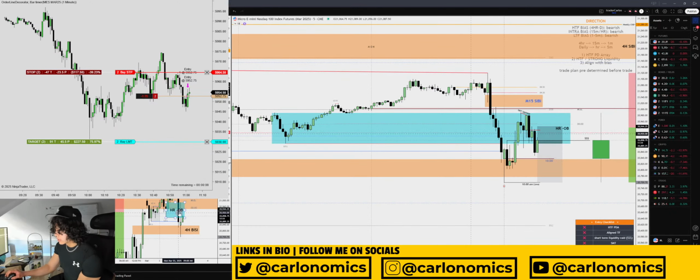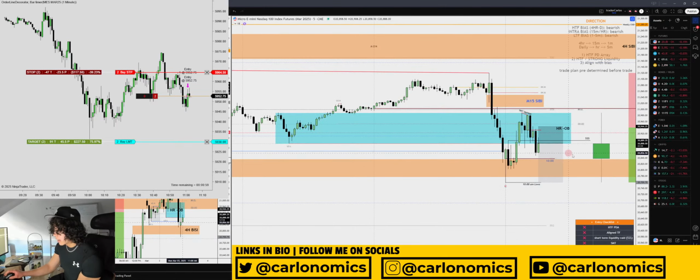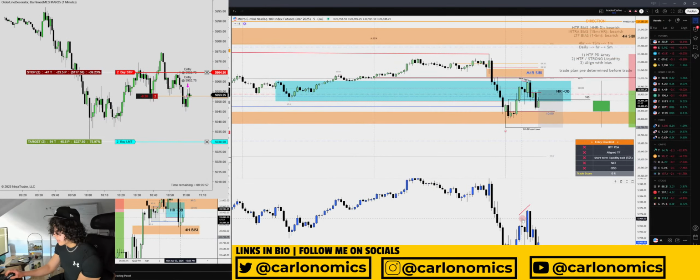We retrace into this hourly OB coming from the daily SIBI on our daily time frame. We had the SMTs at the highs with ES, so ES was able to take out the high at 10:30, and NQ wasn't able to take out that high at 10:30. So there is SMT at the highs.